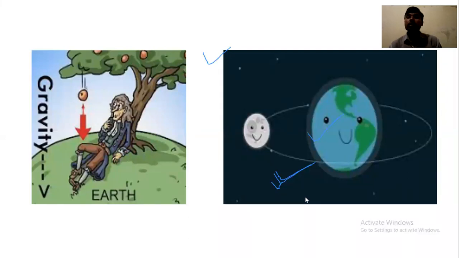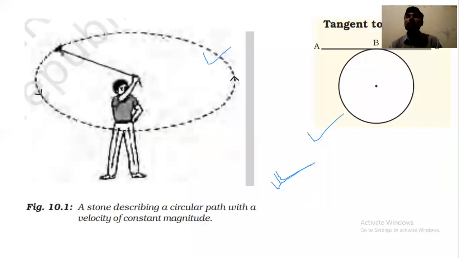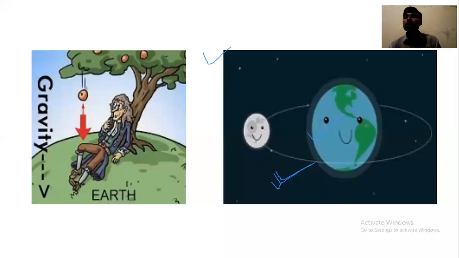Newton studied it, and after studying, he found that the moon revolves around the earth because there is some force acting between the moon and the earth, and that force is the centripetal force. The centripetal force acts between the moon and the earth, and the apple falls on the earth due to the gravitational force.